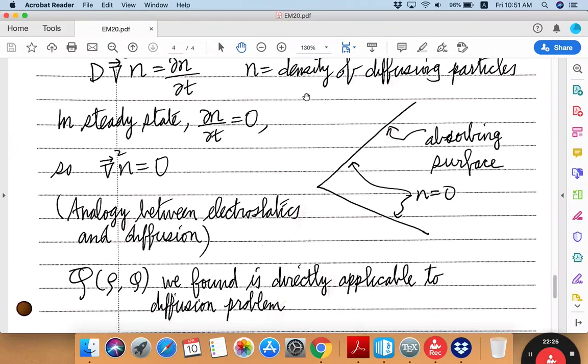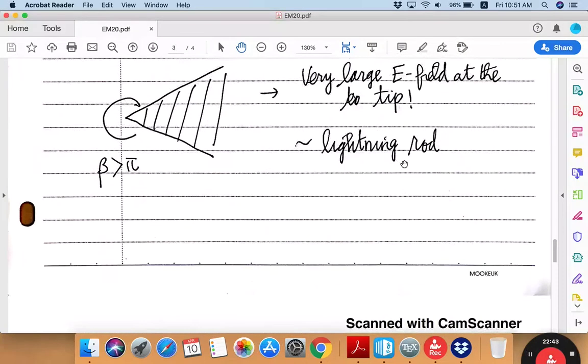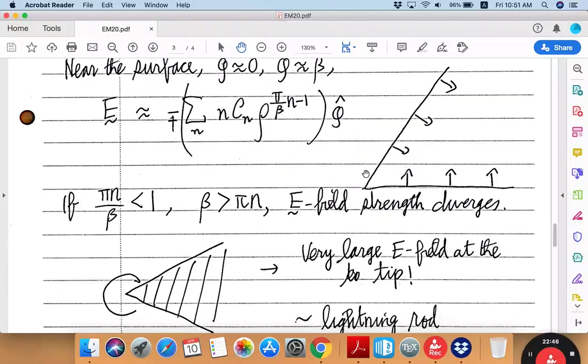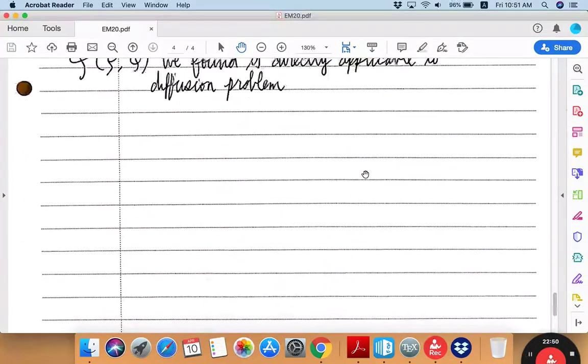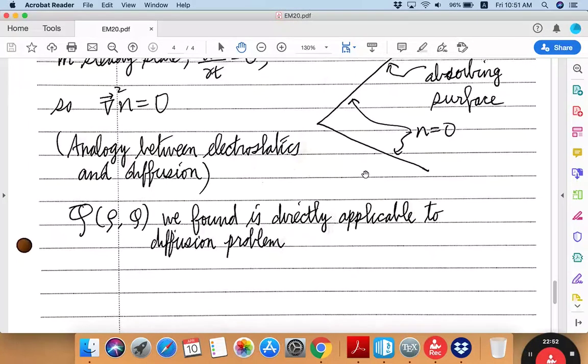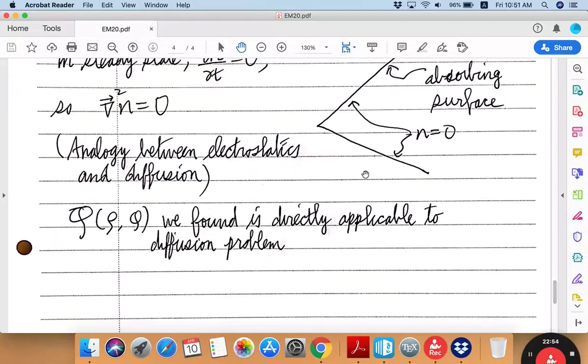Wow, then we have exactly the same Laplace equation satisfied in this region outside the absorbing material. And on the surface of the absorbing material, we also have exactly the same boundary condition. And therefore, the solutions we have found over there should be, without any modification, directly applicable to the diffusion problem as well.